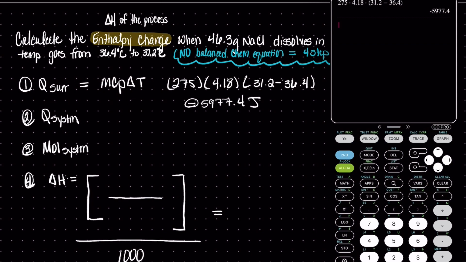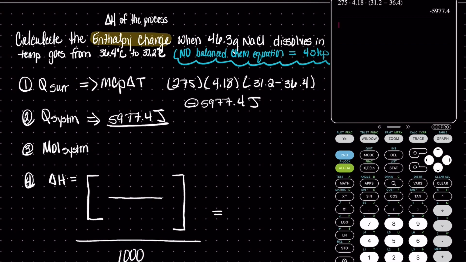Now, Q of the system is the exact opposite of my Q of the surroundings, because the system is the reaction, and the reaction is either taking in or giving out what comes from the surroundings. So it's the exact opposite: 5977.4.